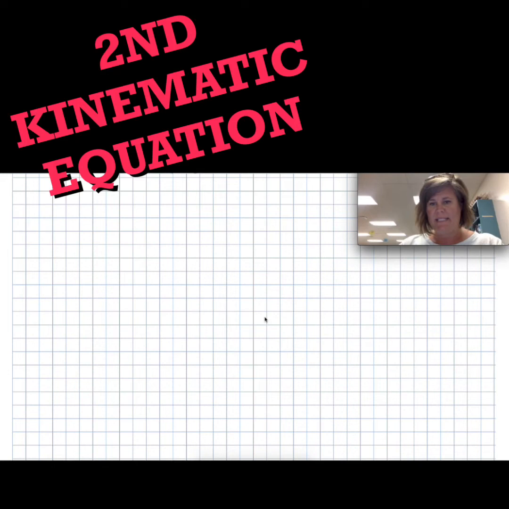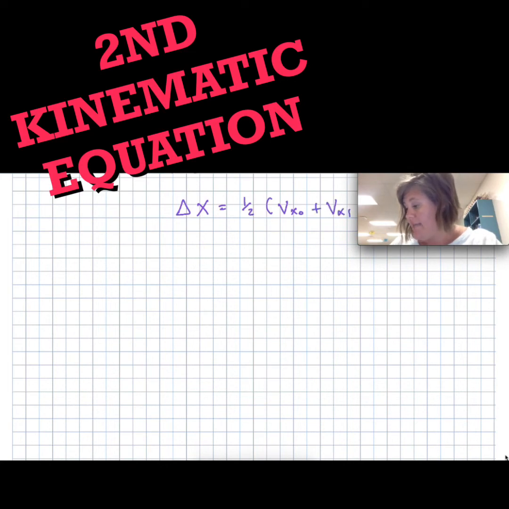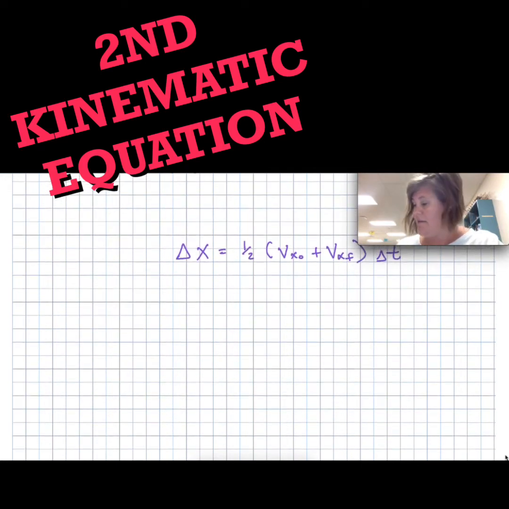Okay, our second kinematic equation is not on the yellow sheet or on your equation sheet that you'll get. So it looks like this. It's delta x, which is the displacement, is equal to 1/2 times Vx initial plus Vx final times delta t, or we can just say t.